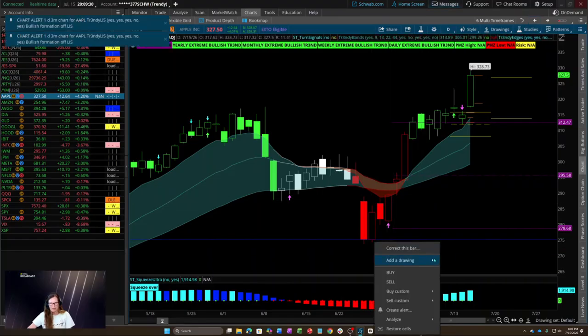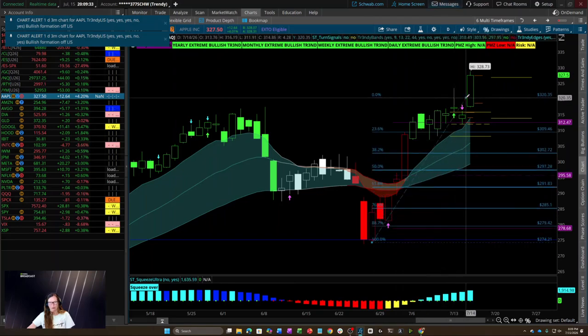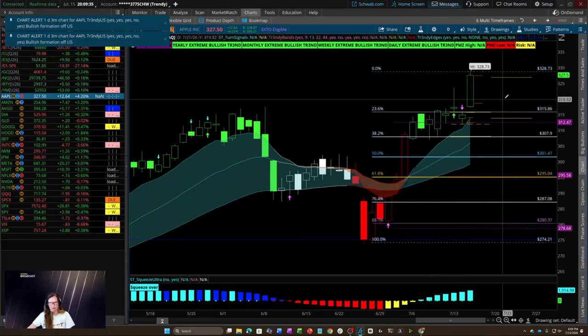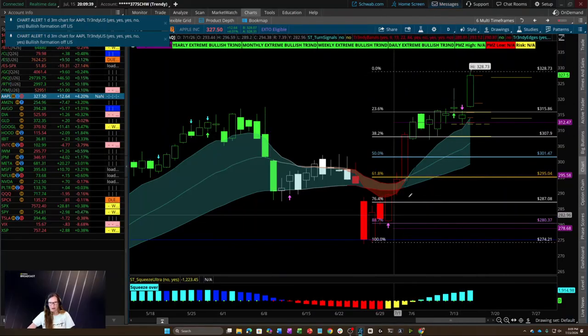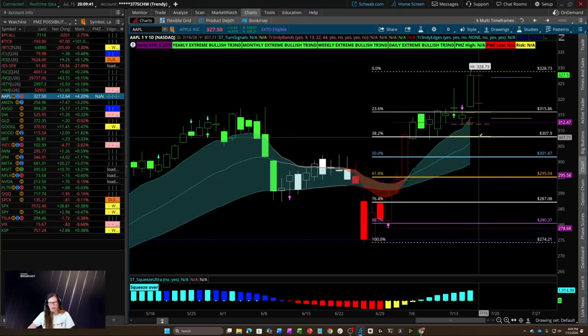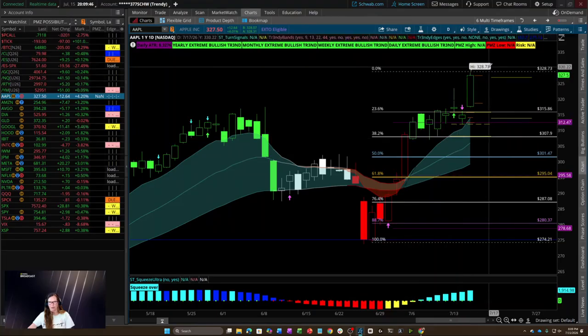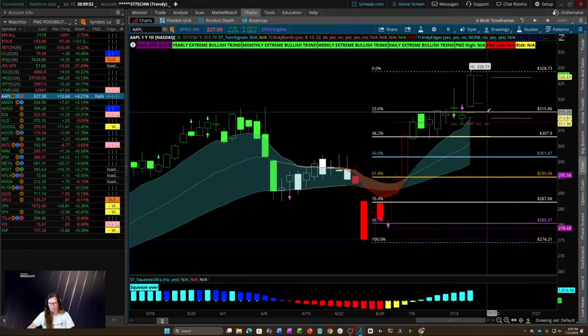So let's say that you're in Apple, from the lows to the highs. This trade is valid long term as long as price remains above 307.90. I look for this trend to continue to the upside. No need to get out of the trade.